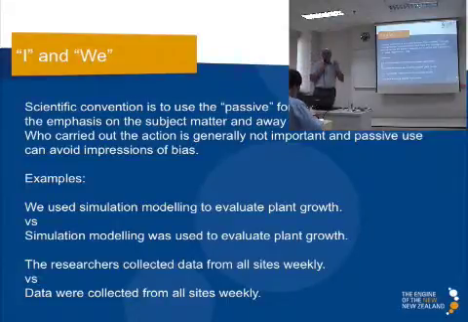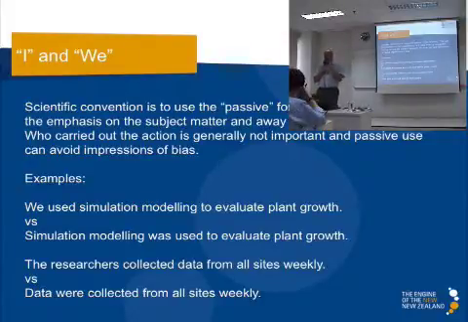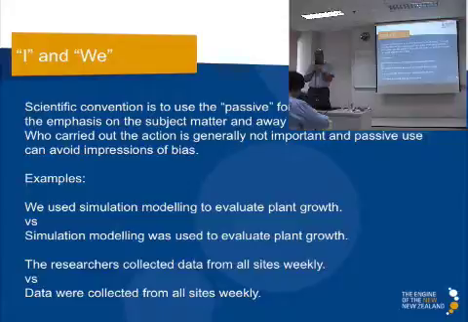The focus is on the people that did the research rather than the focus being on the research itself, which is example number two. So when you read, I did this, I did that, or we did this, we did that, you think, gosh, it's all about them. It's not really about the research.